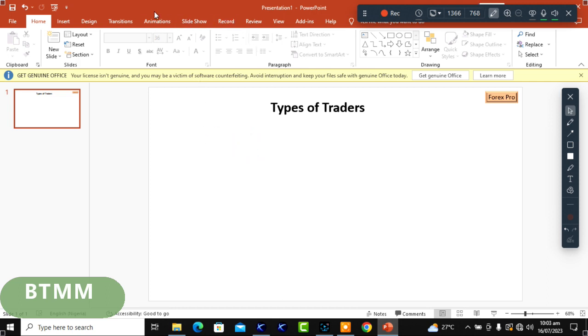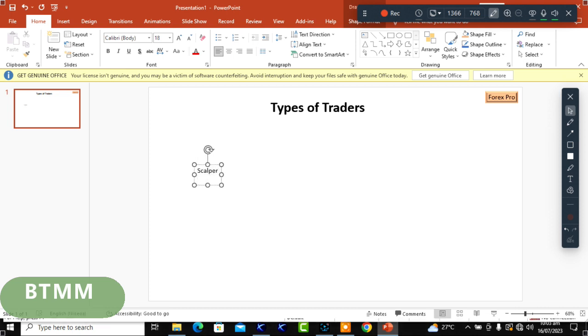So in this tutorial I'll be showing you the different types of traders. The first, you have the scalper, the intraday trader, and then you have the swing trader, and finally you have the position traders.